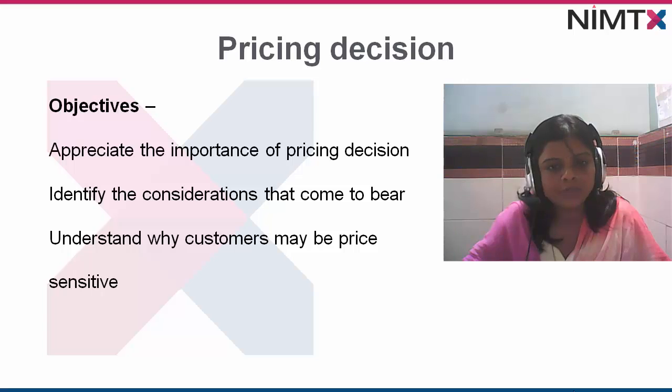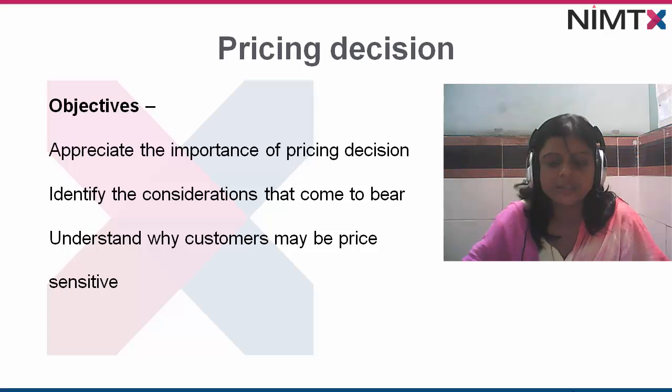The learning objective of this topic, that is 3.1, is that in this lesson we will introduce you to the second P of marketing, price, because you know that the marketing mix has the 4 P's.